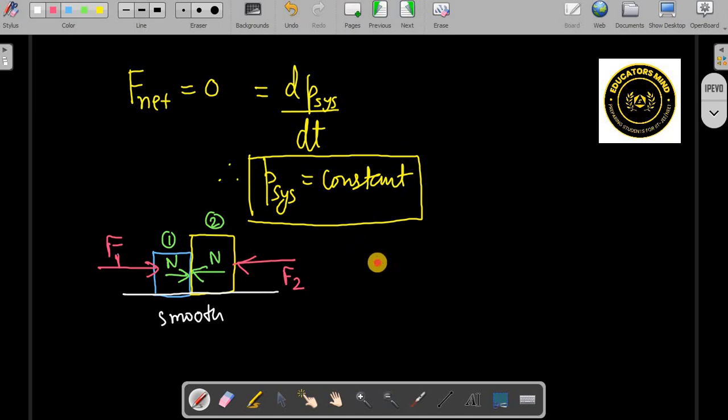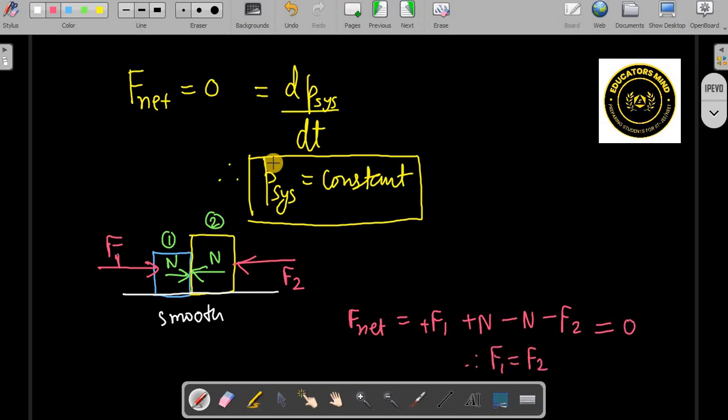Of course the net force on the system, F1 plus F2, will also be 0. If you write it with sign as a vector, F1 is in the positive direction, and this is minus F2. This must become 0. That's why you will see that force F1 and F2 will be equal.